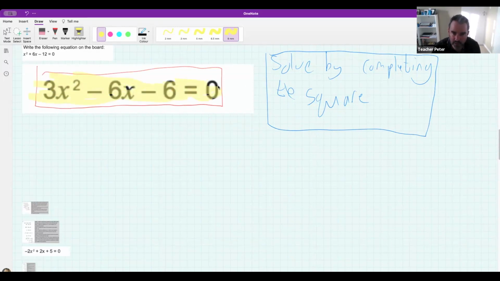There are brownie points available for the person who spots that there is a problem here that I need to resolve before I can start completing the square. What is the problem?